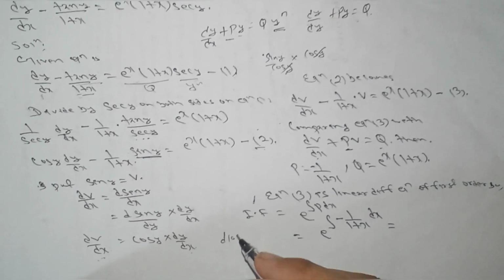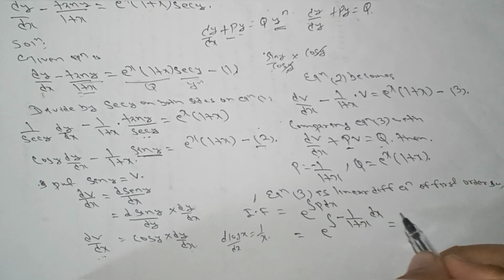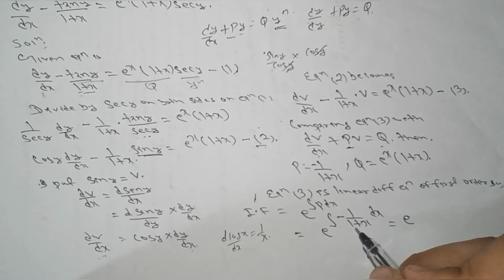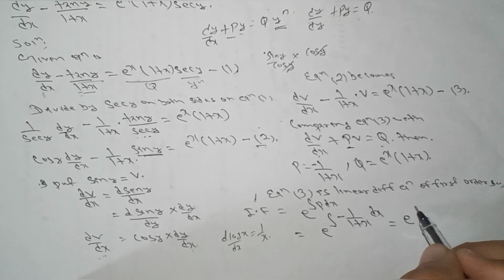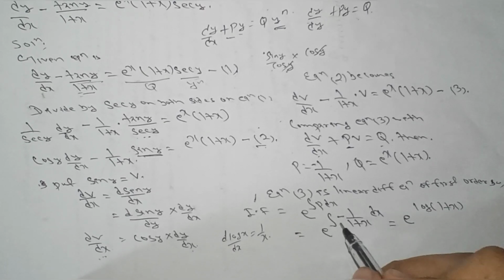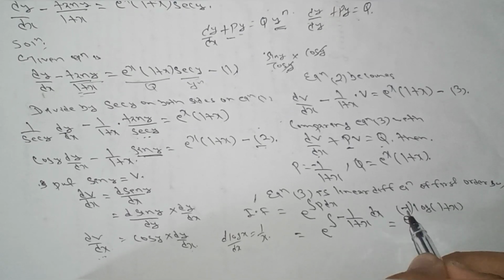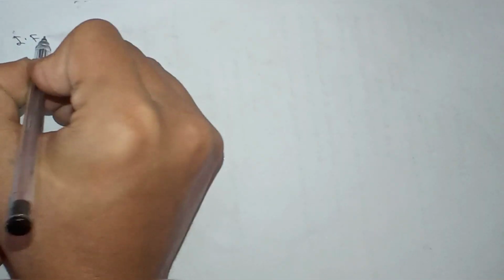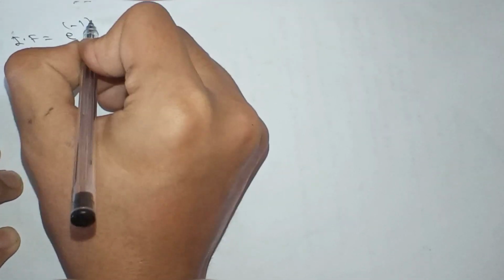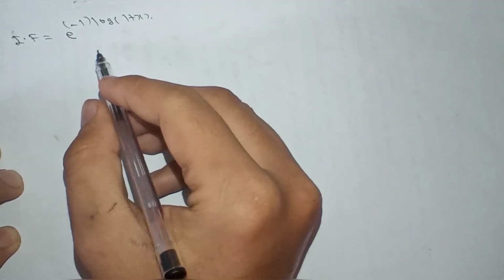As you know, d log x by dx is equal to 1 by x. So the integration of 1 by 1 plus x is log of 1 plus x, but here we have a negative sign, so we write this as minus 1. So IF is equal to e power of minus 1 log of 1 plus x.